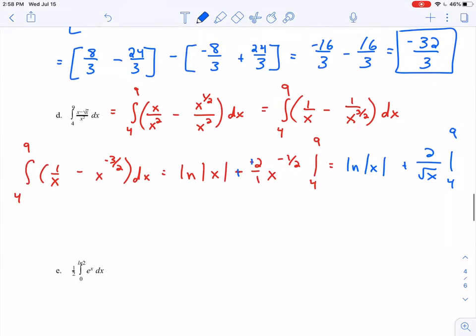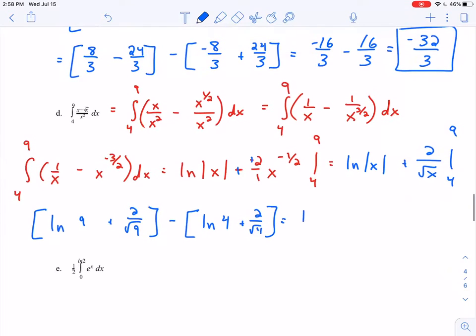So here, let's see, I will have natural log absolute value of 9. Now, since 9 is already positive, you don't necessarily need the absolute value there. You can just say natural log of 9 plus 2 over square root of 9 minus natural log of 4 plus 2 over square root of 4.